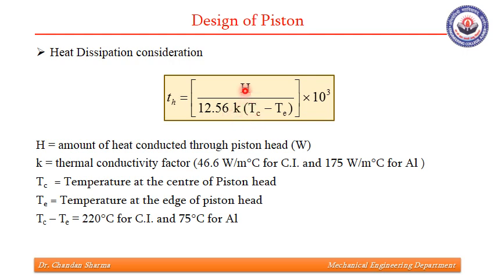Here H is amount of heat conducted through piston, K is thermal conductivity factor, which is 46.6 watt per meter degree centigrade for cast iron and 175 watt per meter degree centigrade for aluminum. You can see this value is thrice of this value. Tc is temperature at the center of piston head, and Te is temperature at the edge of piston head, because heat will be dissipated from center to the ends. And normal values of Tc minus Te are 220 degrees centigrade for cast iron and 75 degrees centigrade for aluminum.